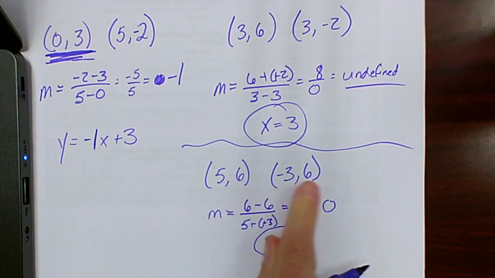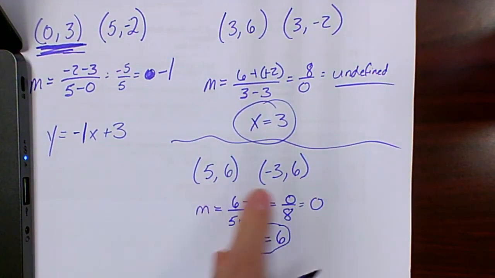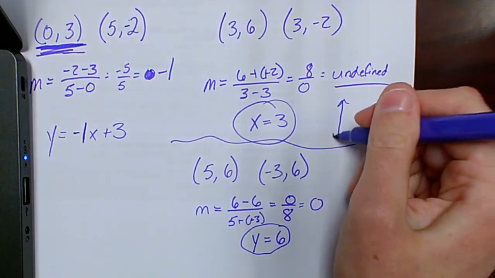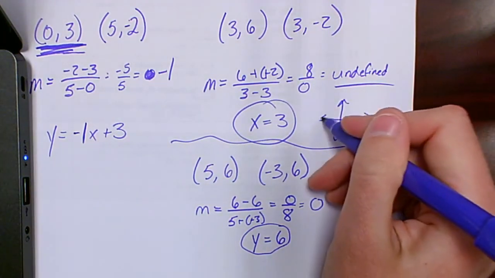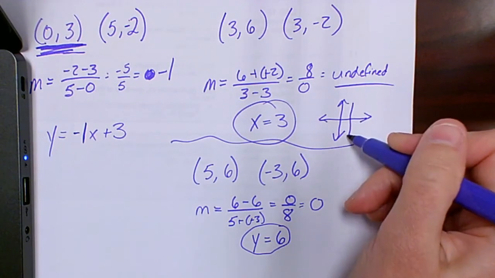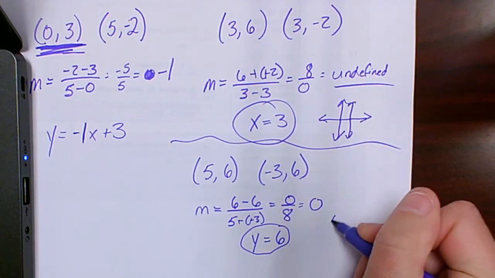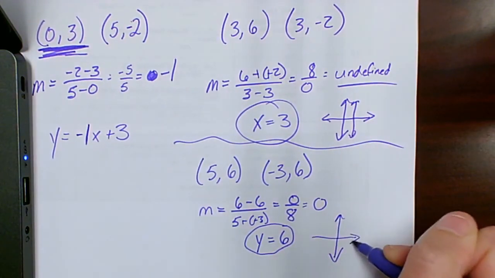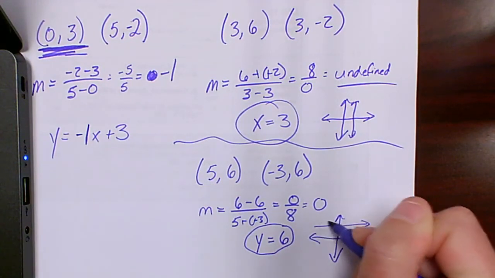As you can see, we have a repeat of 6 in our y, so y equals 6. So this is actually a vertical line at 3, and this is actually a horizontal line at 6.